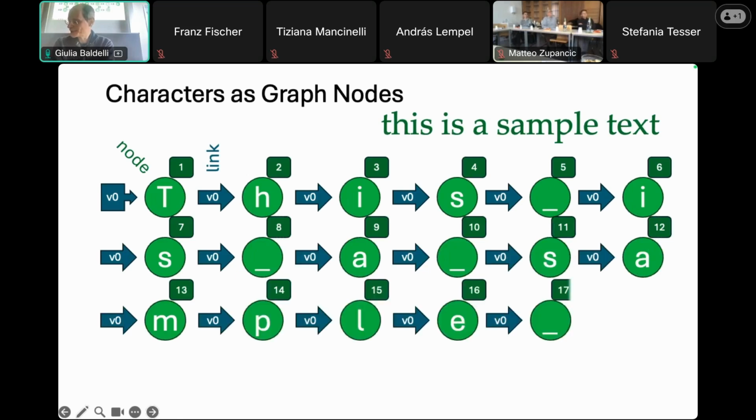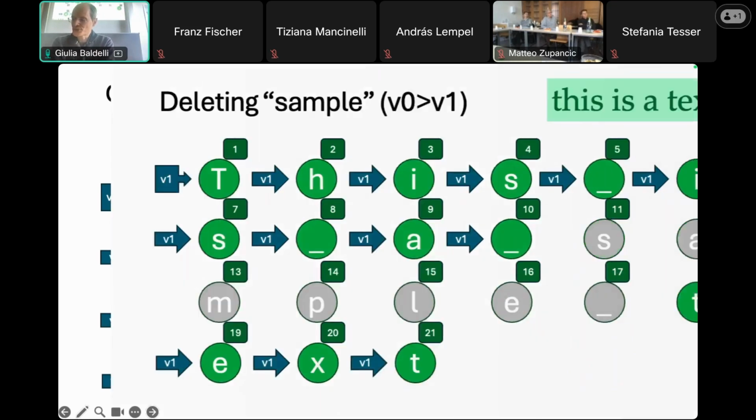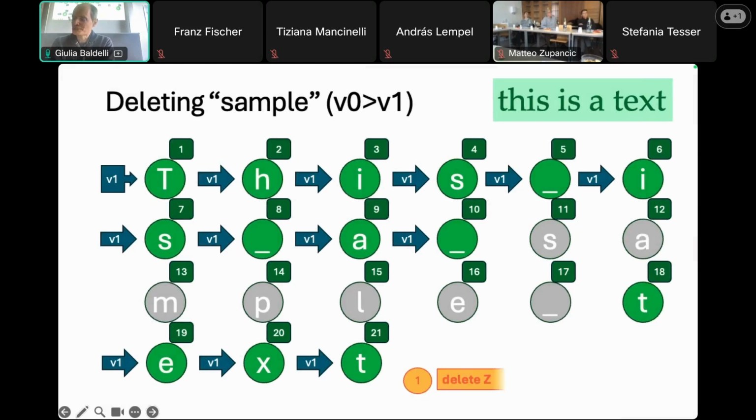Nodes are connected by links, which carry the identifier of the version they represent. As this is our base text, all the links have version 0, and these links connect the characters to form our text. Whenever an operation is executed, it generates a new version with a progressive number, adding new links tagged for that version. So say we delete the word sample.